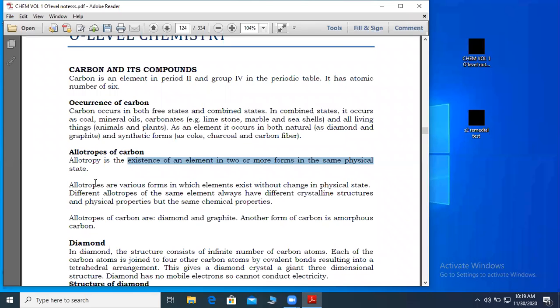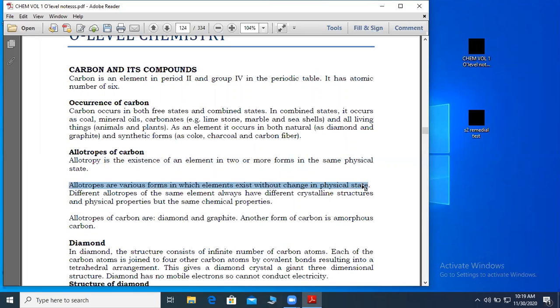So, what is an allotrope? We are defining allotropes as various forms in which elements exist without change in physical state.